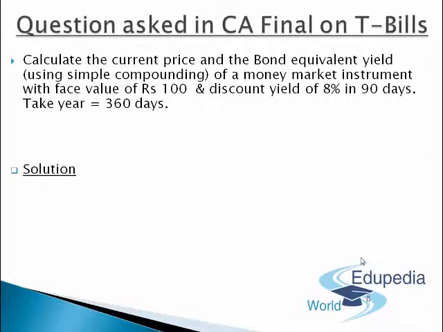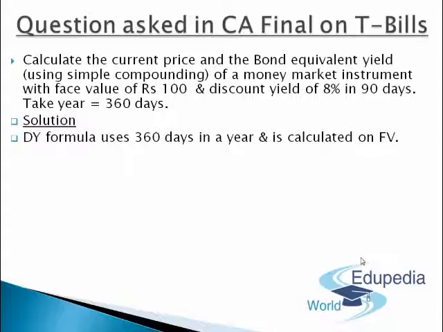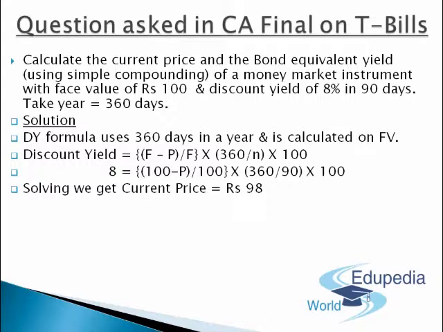So the solution would be, we'll be able to implement the DY formula over here. The DY formula uses 360 days in a year and is calculated on face value, which has to be taken care of in the denominator. The formula will be: discount yield is equivalent to face value minus P, that is the issue price, divided by the face value, into 360, whole divided by n, into 100.